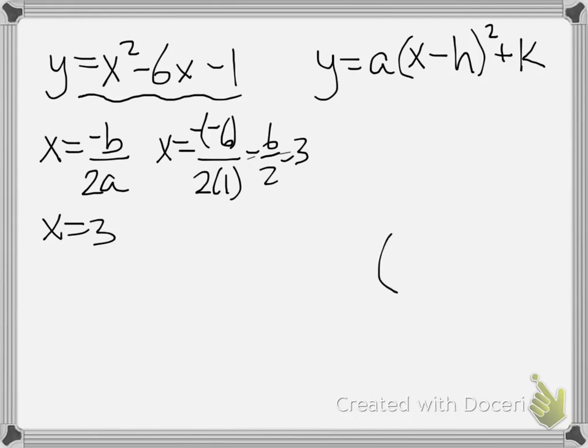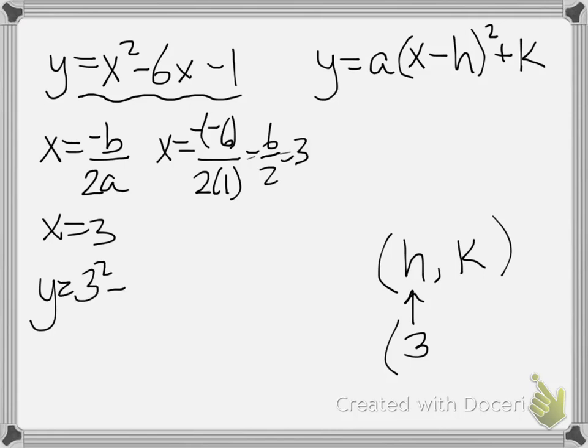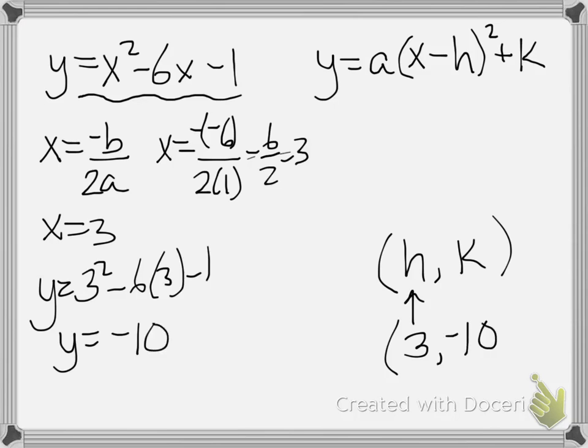So I know this is 3. And I plug that back in, and I have 3 squared minus 6 times 3 minus 1, and I solve all that, and I get -10. So I know this is -10.